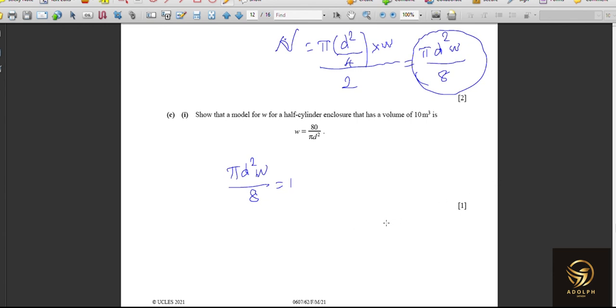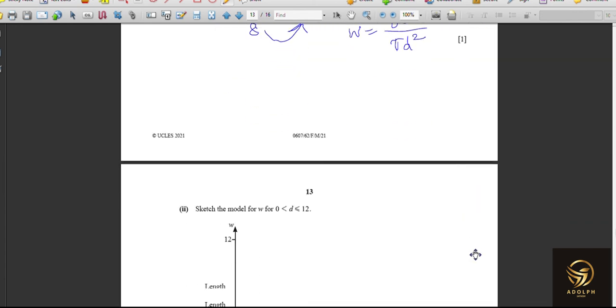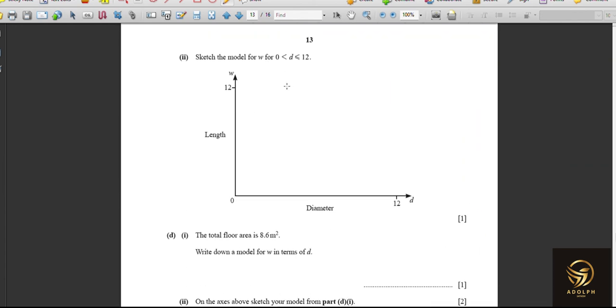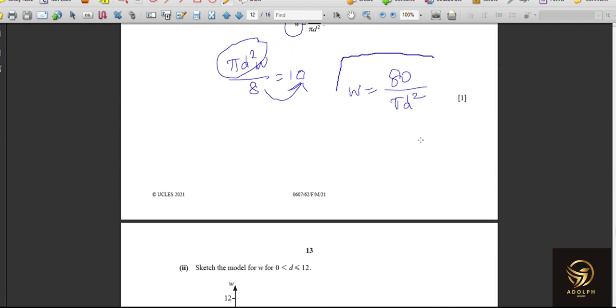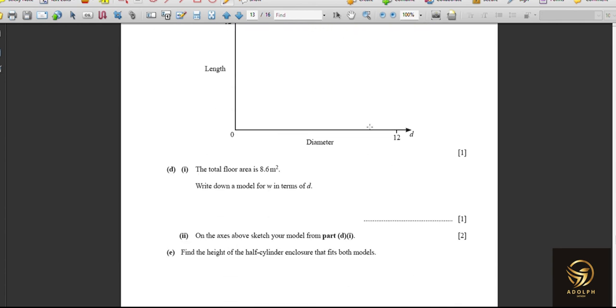We want a model for only W, so the 8 will go to the other side, 8 into 10 is 80, and pi d square will come to the denominator. That's what we need to prove. Next, sketch the model for W for 0 to 12, the same measure they are asking. If we use this equation, we will get the answer.